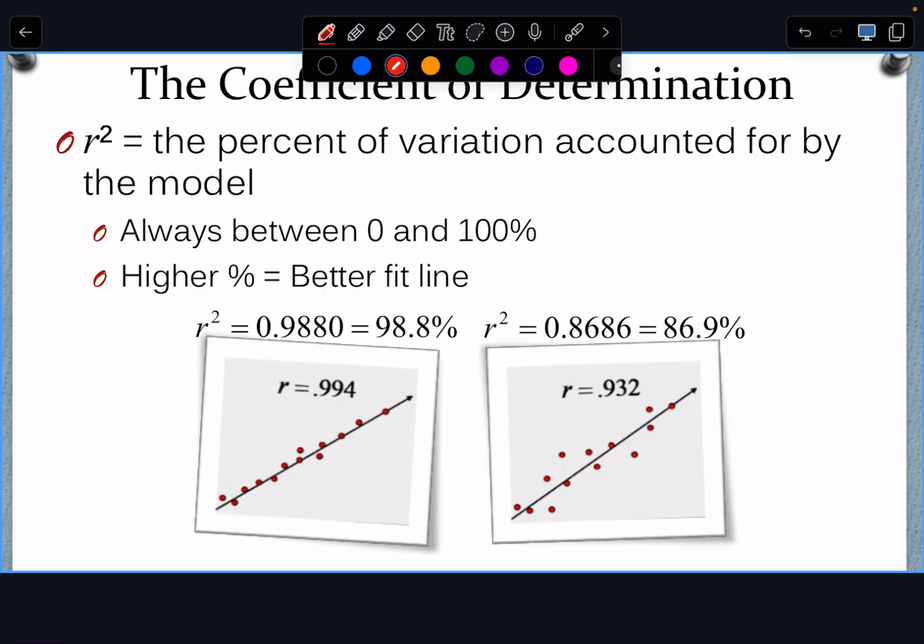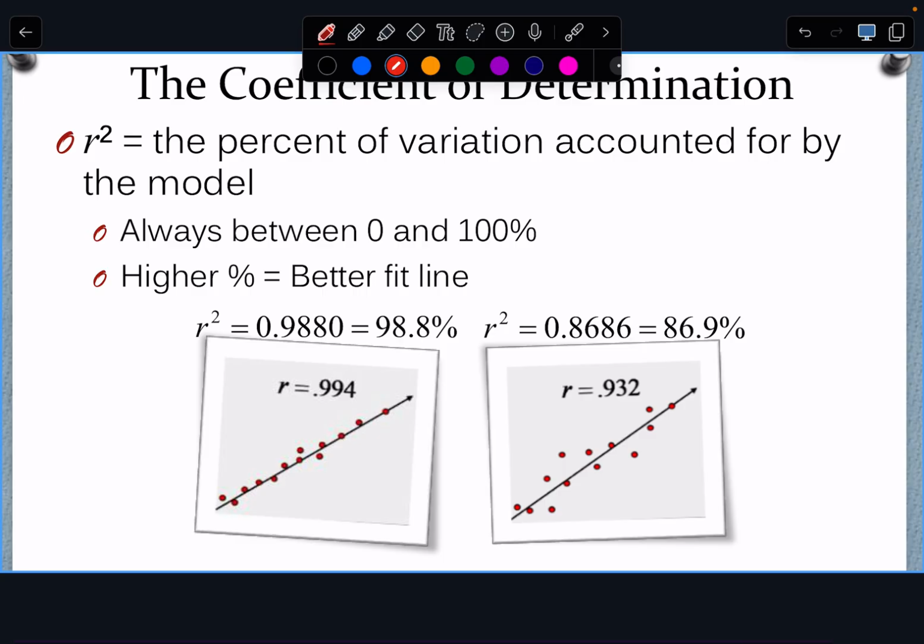So in the pictures below here, on the left side on this graph, we had a correlation value of 0.994, so very strong positive linear association. My correlation squared value would be that 0.994 squared. We'd literally just plug it in the calculator. So when I take 0.994 squared, I get 0.9880.